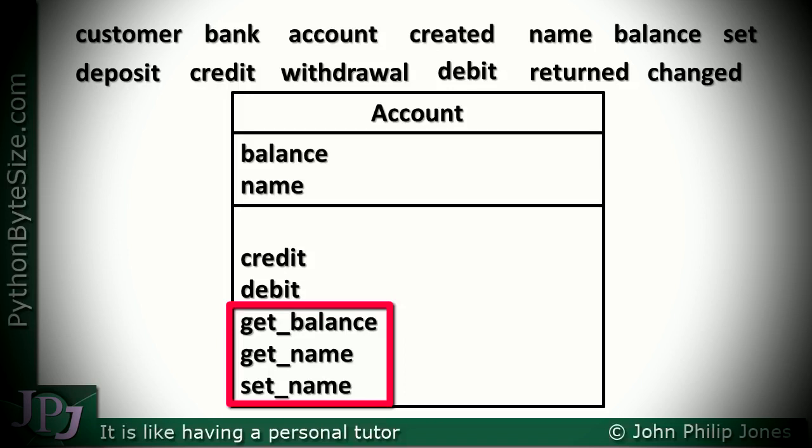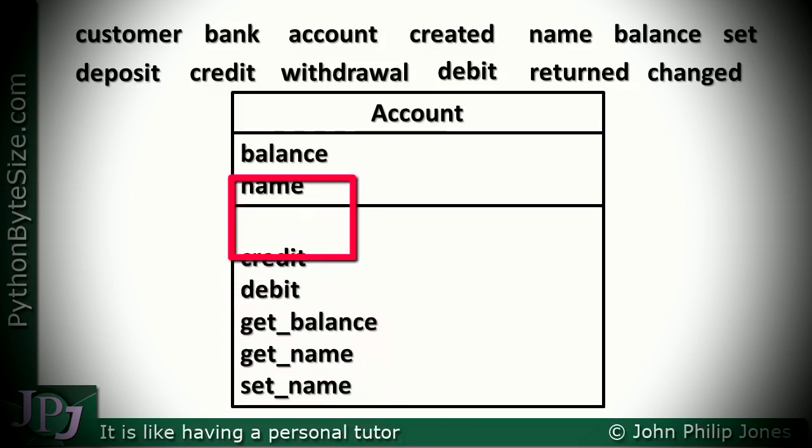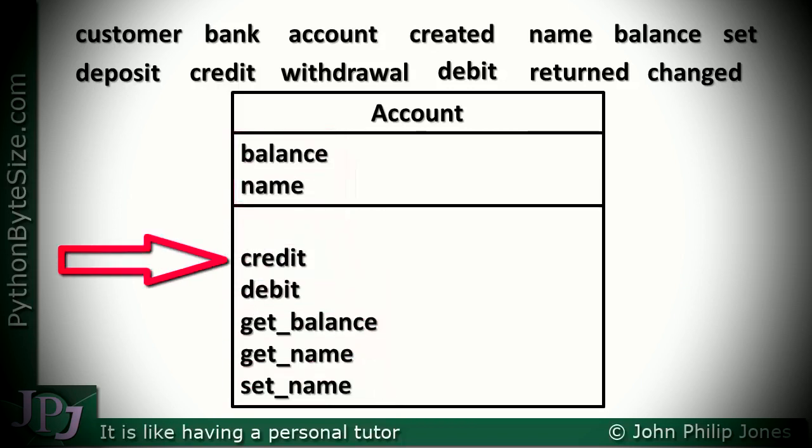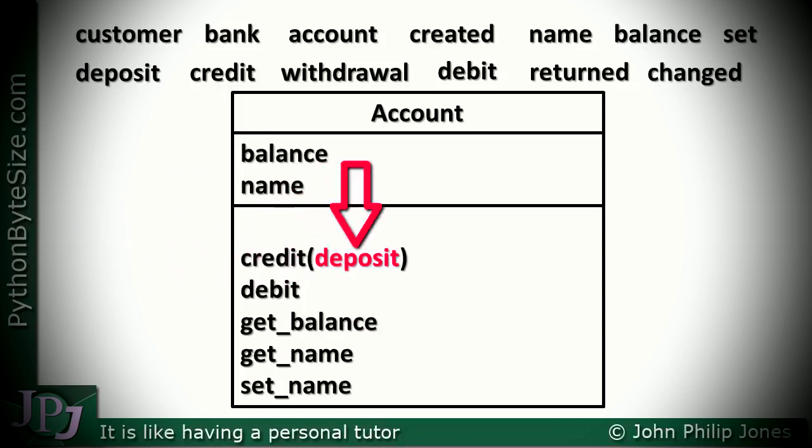In this case, the class is going to have these get and set methods, and they are going to be responsible for returning and setting these data fields. Now, if we look at the credit method, if it's going to alter the balance, it needs to know by how much. In other words, it needs a parameter, and I'm showing that parameter here as the deposit.